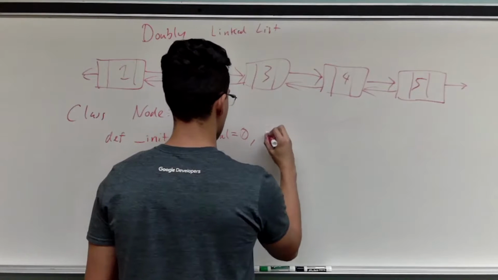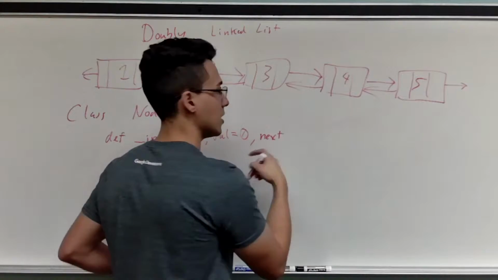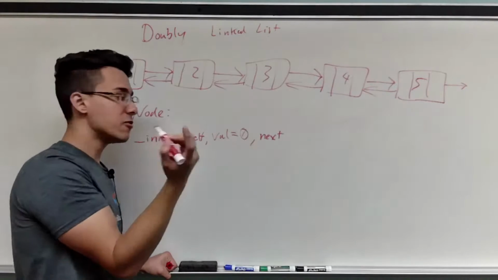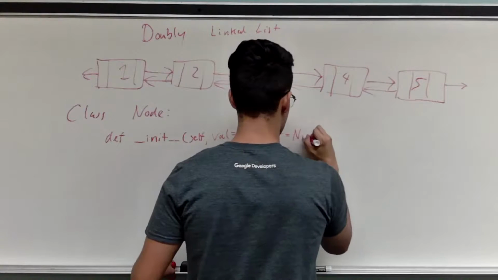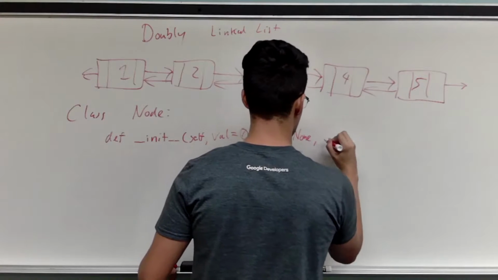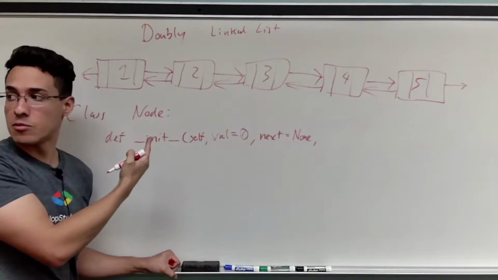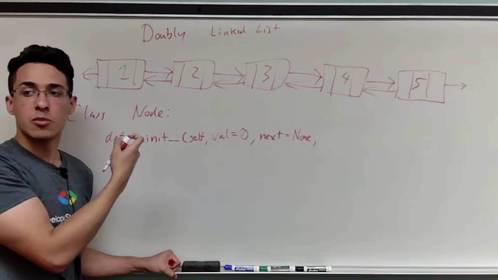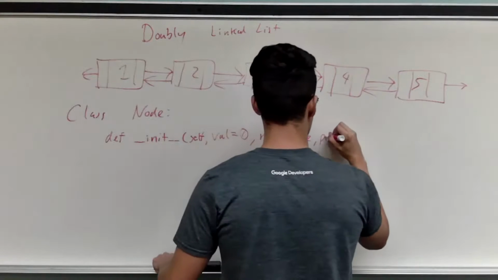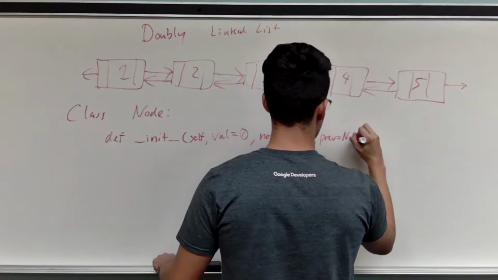Then we have next, which by default I'm going to make equal to None. And what else did we add before? Previous. So the prev, by default, is going to be None.